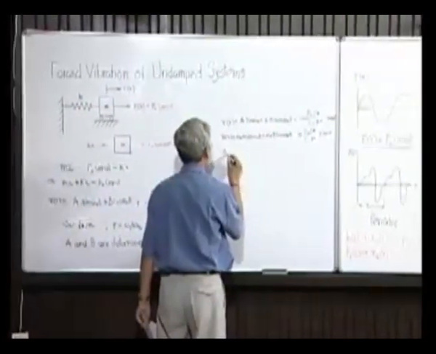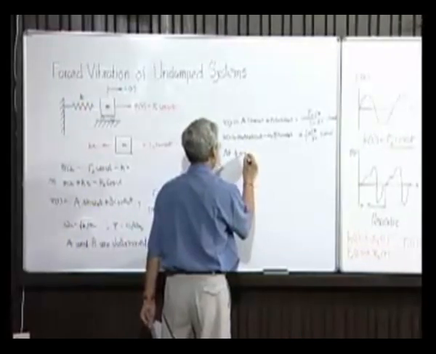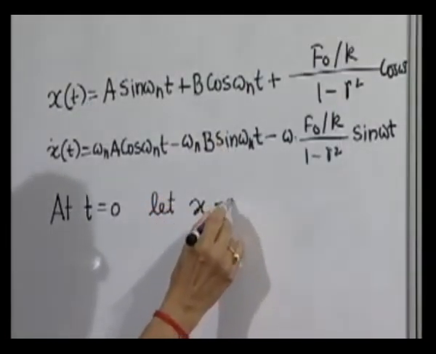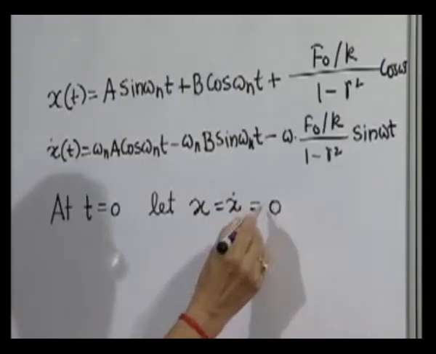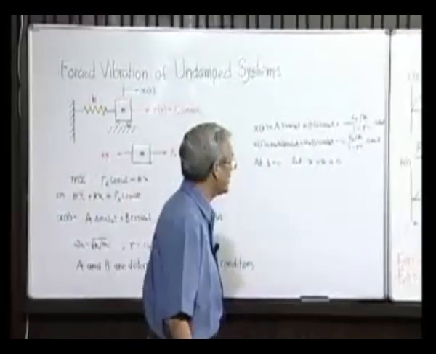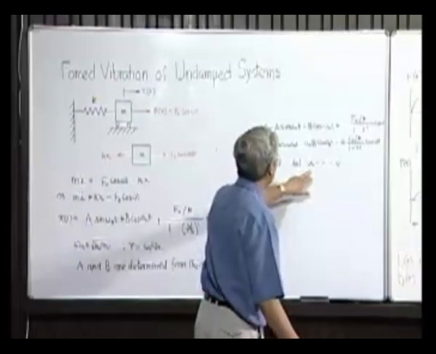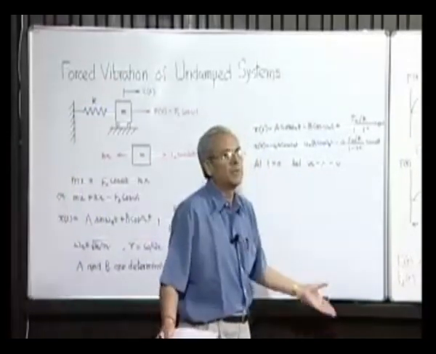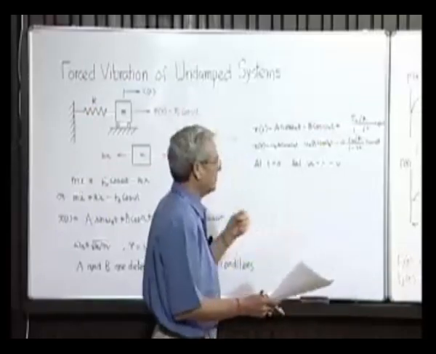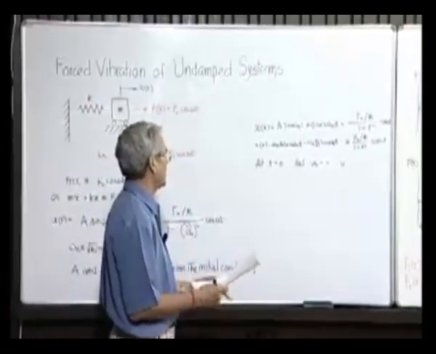So at t equal to 0, let both x and x dot be equal to 0. Now, this is something which is possible in forced vibration. In free vibration, if we give initial conditions x and x dot both 0, the system will continue to remain at rest. But since now we are disturbing the system, it will oscillate.